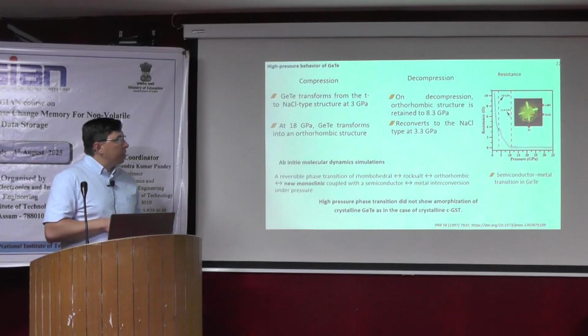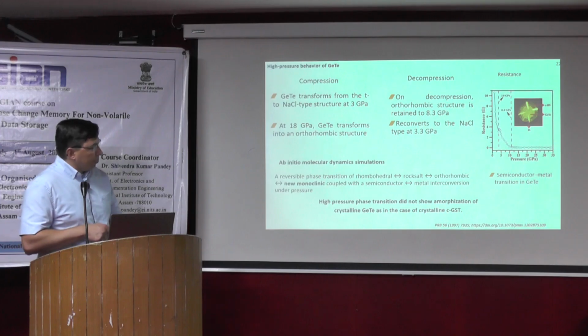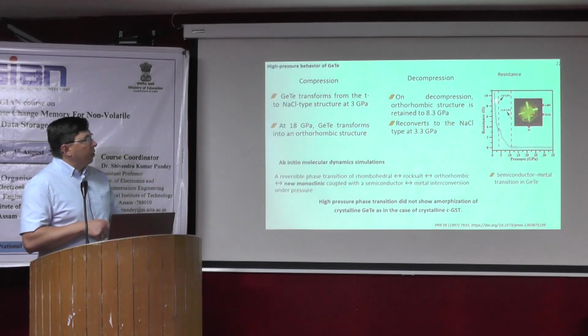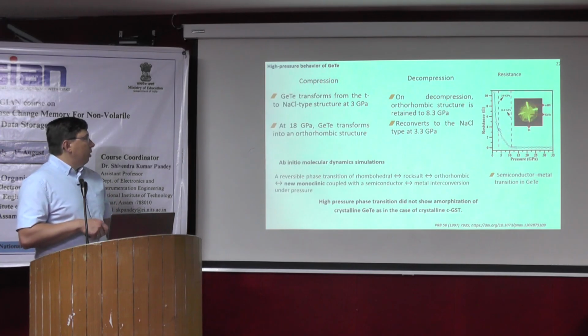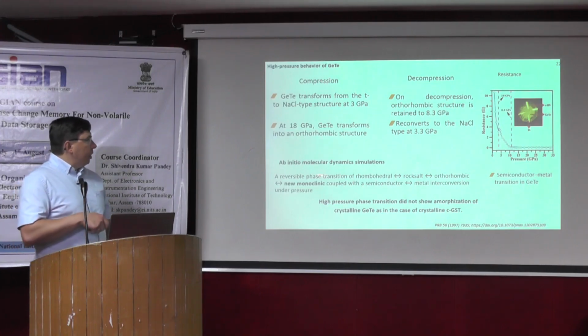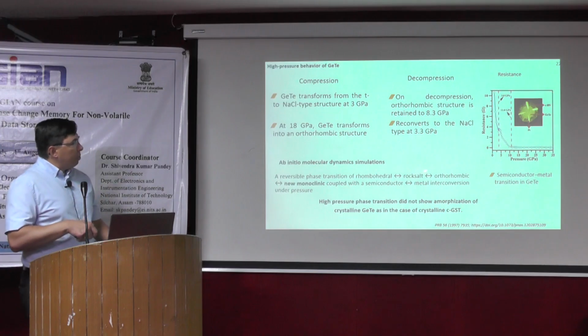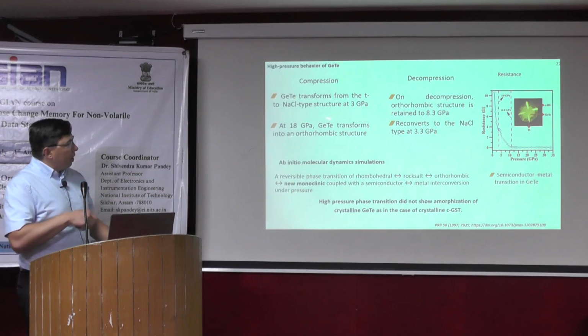Also, there is a change in the resistance in this case. It reduces from low pressure to high pressure. Ab initio molecular dynamics simulations suggest a reversible phase transition from rhombohedral to rocksalt-type structure, confirming this result.